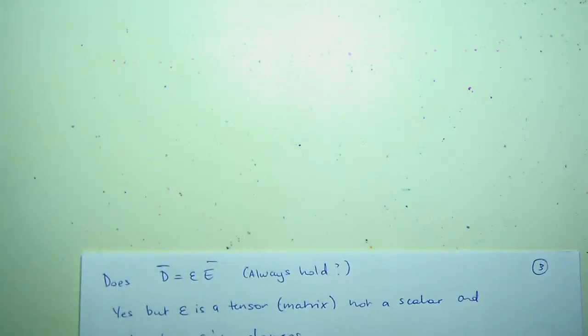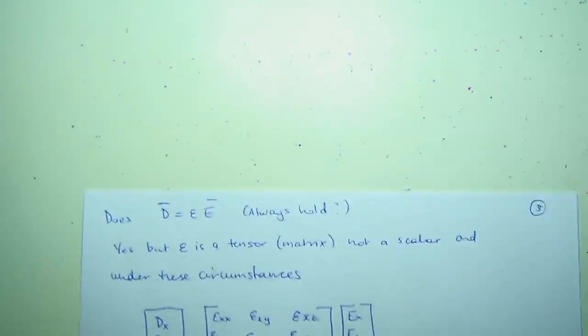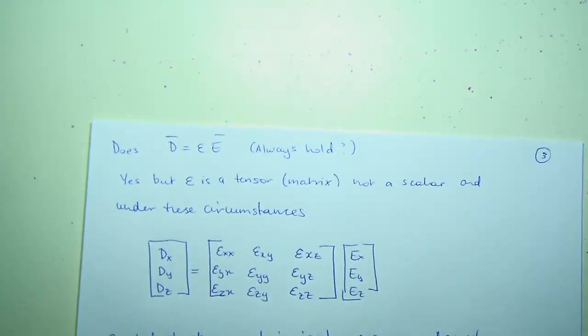Has anyone heard of anisotropic materials? I apologise, I'm probably not saying that correctly. It means that the capacitance in one direction is not the same as the capacitance in a different direction. For example, there are certain crystals where, depending on the axis of the crystal and the direction in which you apply the electric field, you get different dielectric constants, right?